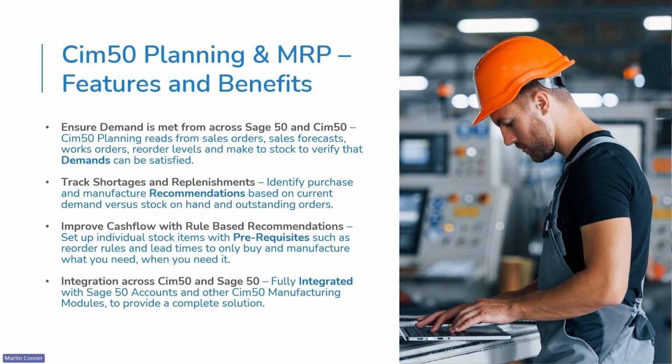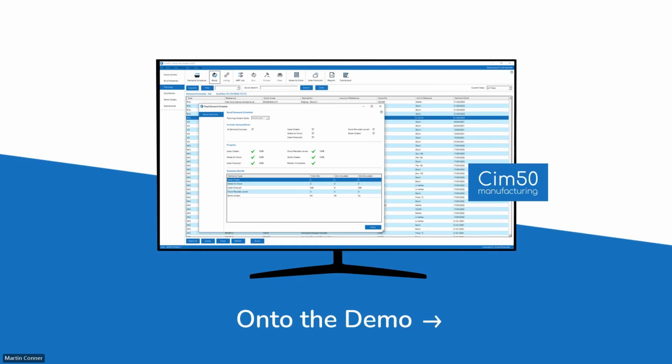We want to group them together because we want to save on carriage charges and the like. And this is all fully integrated across Cim50 and the Sage 50 accounts to provide that complete solution.